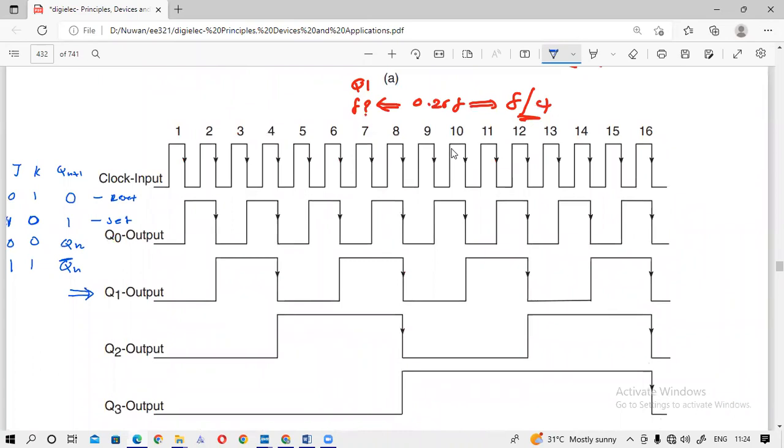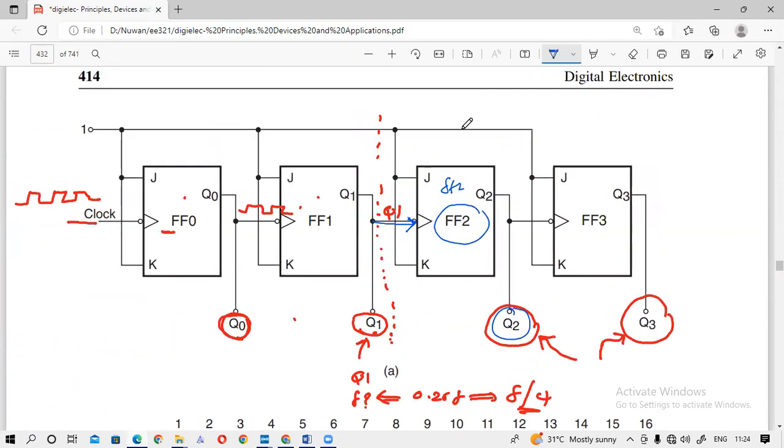Very simple. At the initial state, Q2 should be 0, and Q1 also 0, and this J and K will be 1 and 1. So Q2 will be 0 at the initial state.